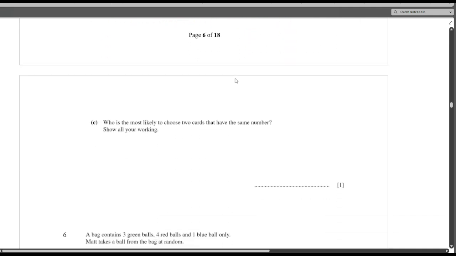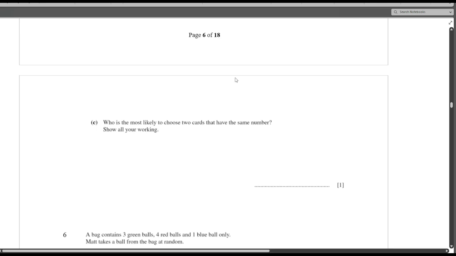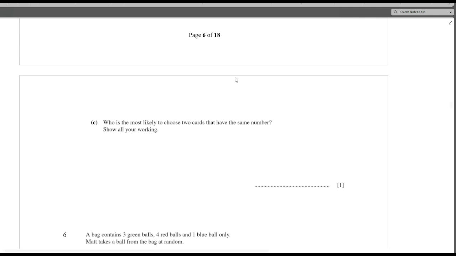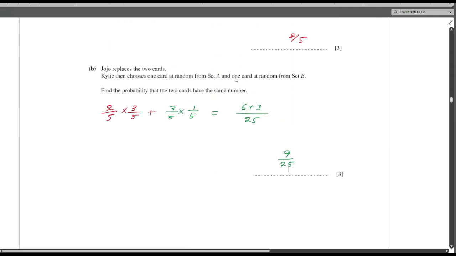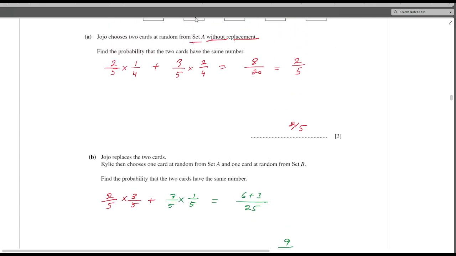Okay, now part C is who is the most likely to choose 2 cards that have the same number. Show all your working. So at the first position, I got my result as 2 divided by 5.